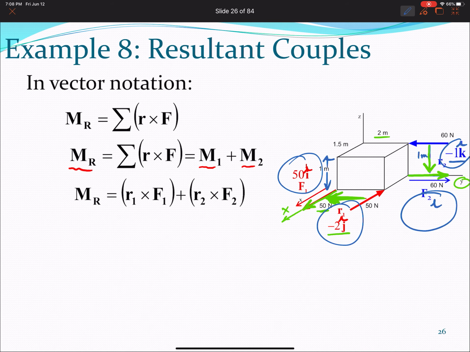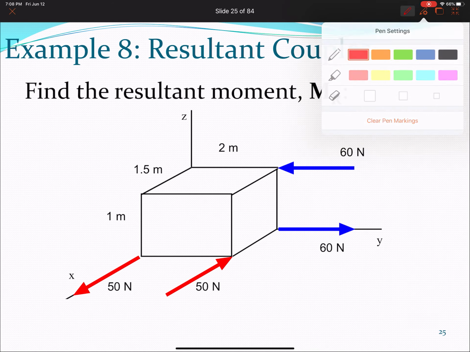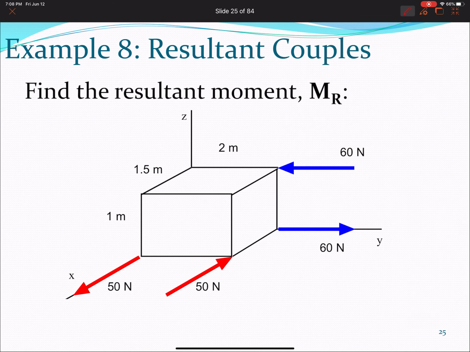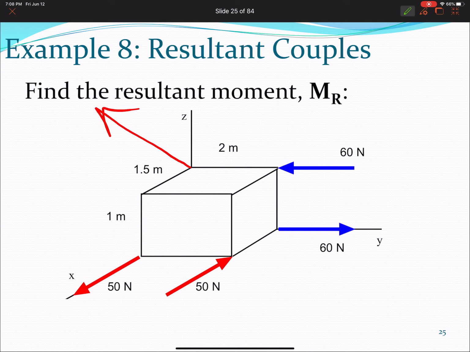What if the rigid body had been acted on by different forces, for example, a red force coming this way, and a green force coming this way? And then if you are asked to calculate the total moment, well, it's the same thing.